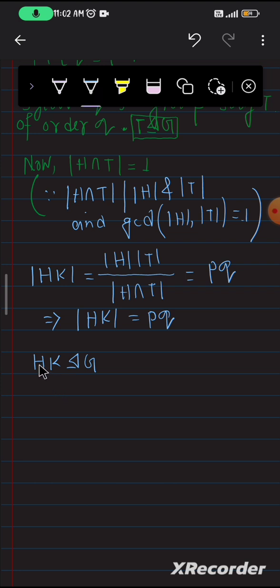What we conclude is that HT is normal in G, and we find the order of HT equals PQ, which equals the order of G.